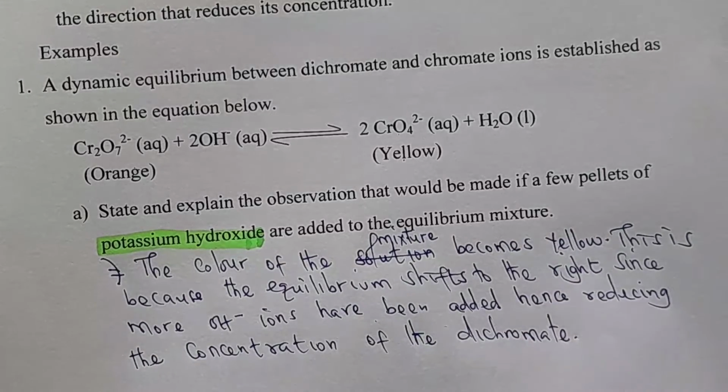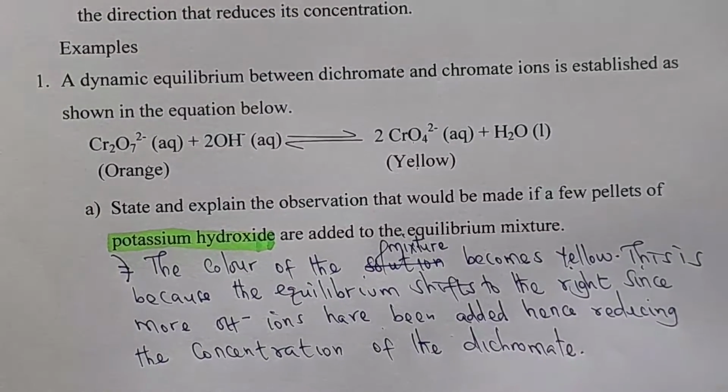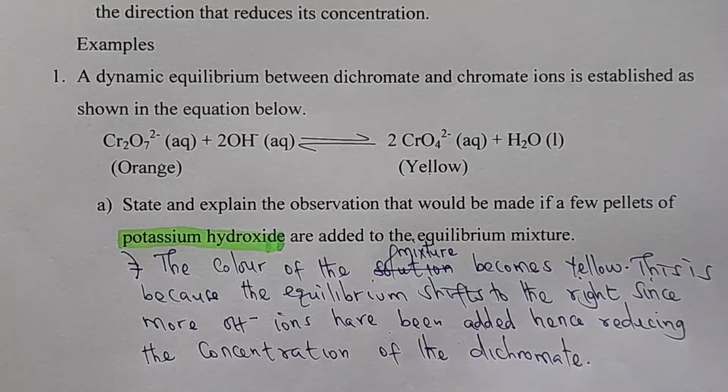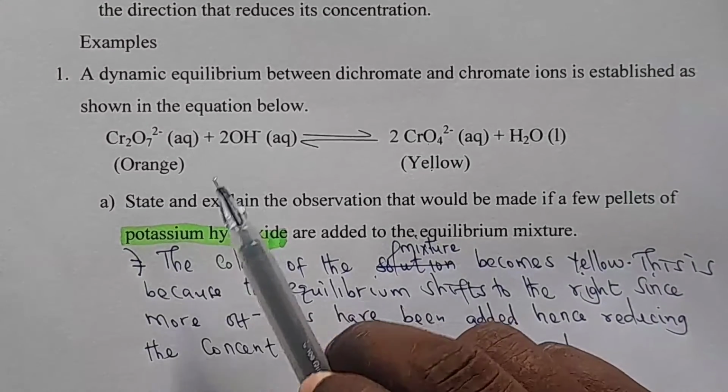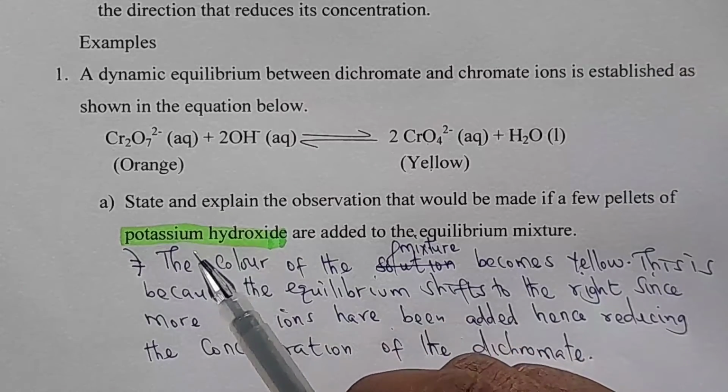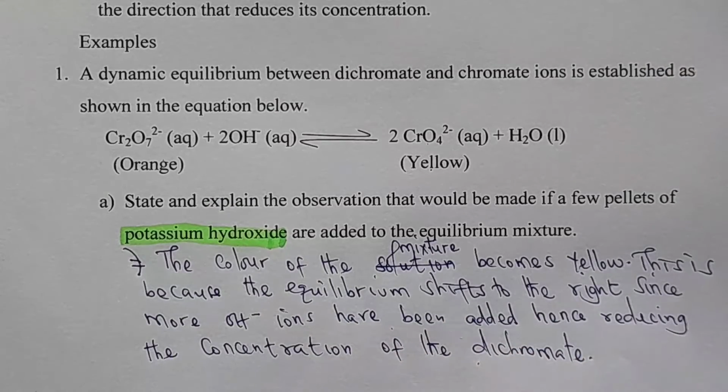So therefore, the equilibrium will shift to the right, or that means forward reaction is favored, because we are supposed to relieve the stress that we have applied on the equilibrium.